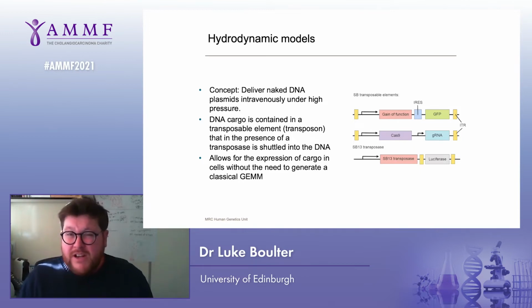These systems are incredibly modular, so you can express certain oncogenes, remove oncogenes, put new oncogenes in, so they're very flexible, and actually they're relatively cheap to generate. And with the addition of CRISPR technology, you can actually use this method not only to address what happens in one gene, but also what happens in a panel of genes.